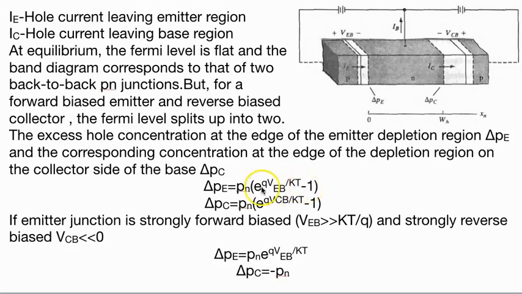We can also write this as, if the emitter junction is strongly forward biased, that is VEB is greater than kT by q or VT, and the collector strongly reverse biased, that is VCB is less than 0.